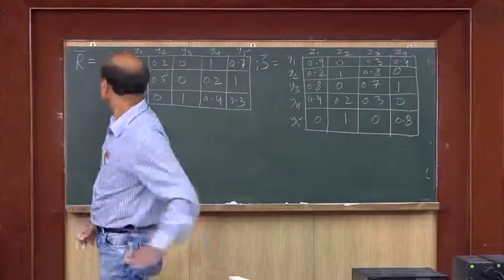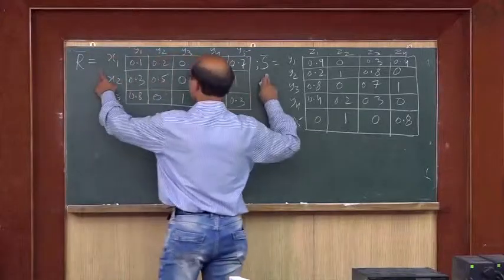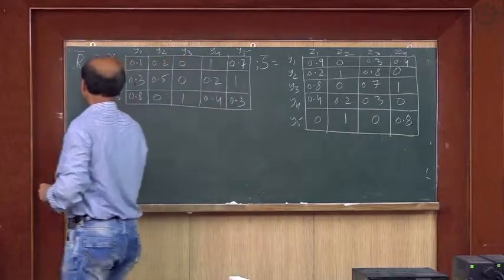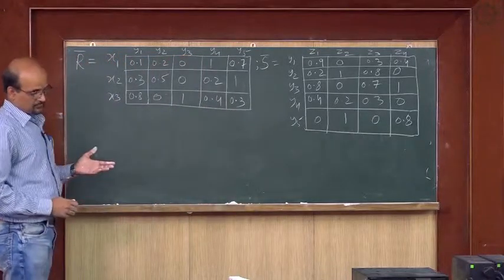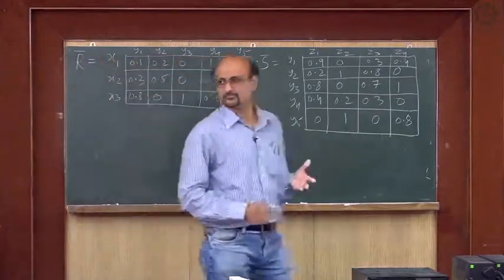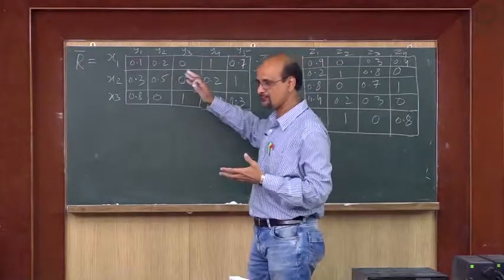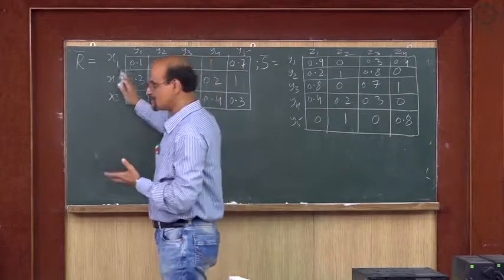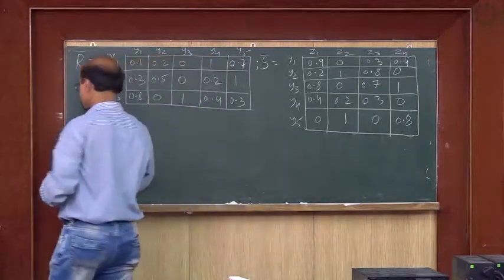Okay? I want to find R max-min S. So see, what is the procedure? I have to take first the minimum. Minimum, let me write, then I will explain.